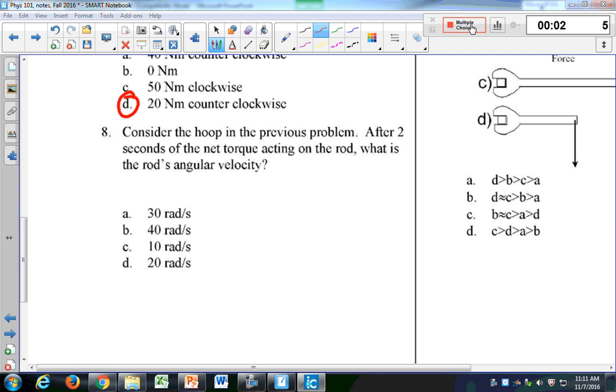So a couple of steps in this: you need to figure out its moment of inertia, and then figure out what is its angular velocity. Doing pretty well. A few of you have the wrong answer, so ask your neighbor if you like. See what they put.